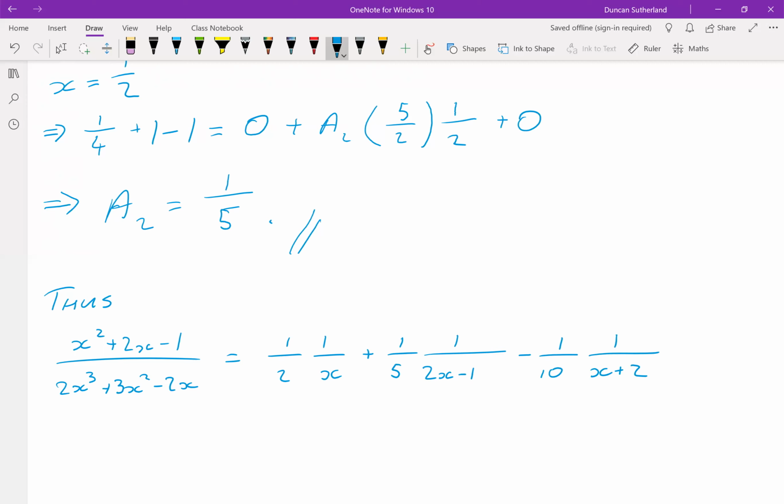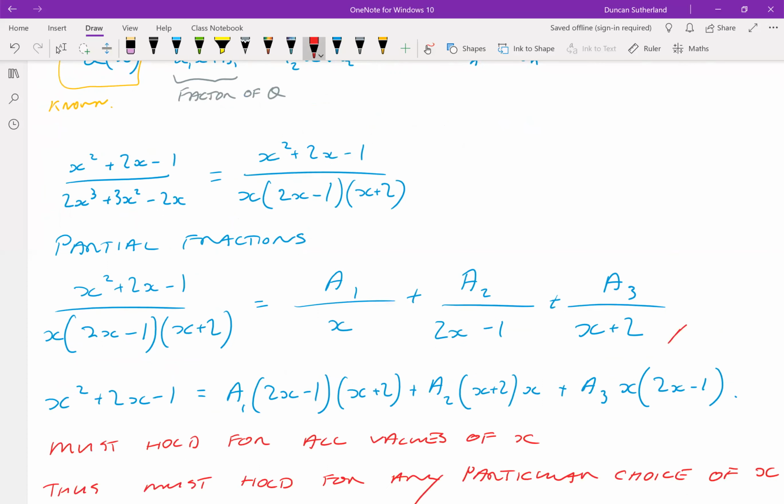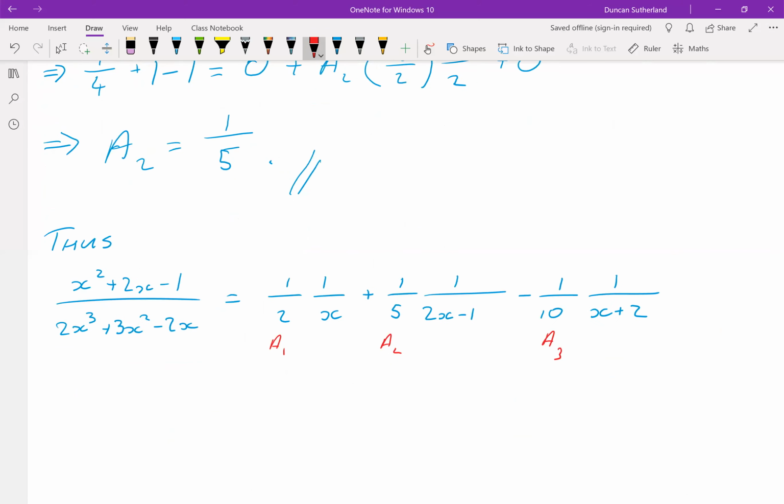I'm just copying it down from where I was. And if we go back up, that's our initial expression. So that's just copying in our values, and we have completed our partial fraction decomposition for this case where the denominator was a product of non-repeated linear factors.